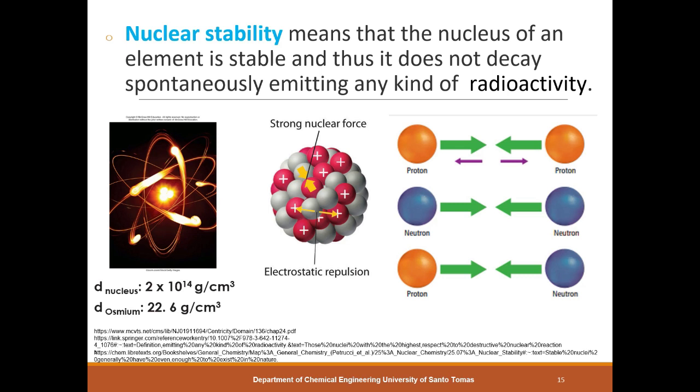The stability of any nucleus is determined by the difference between the Coulombic repulsion and the short-range attraction. If repulsion outweighs attraction, the nucleus disintegrates, emitting particles and/or radiation. If attractive forces prevail, the nucleus is stable.